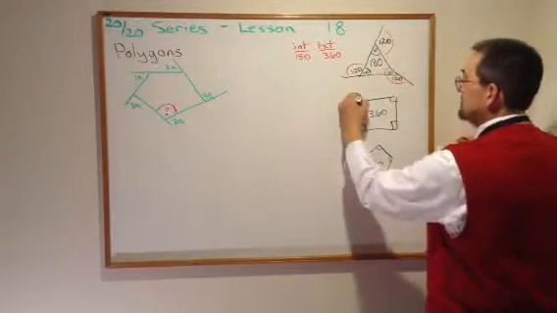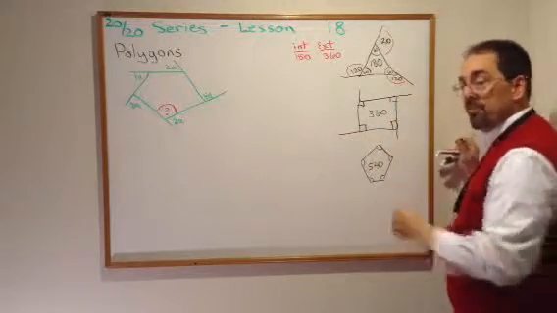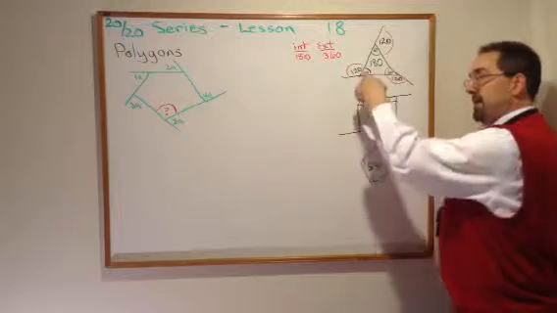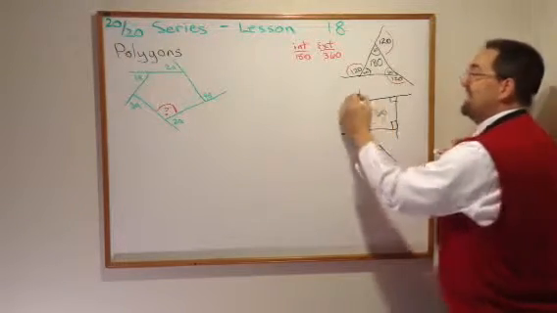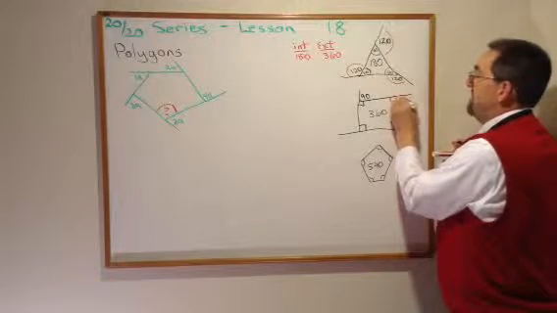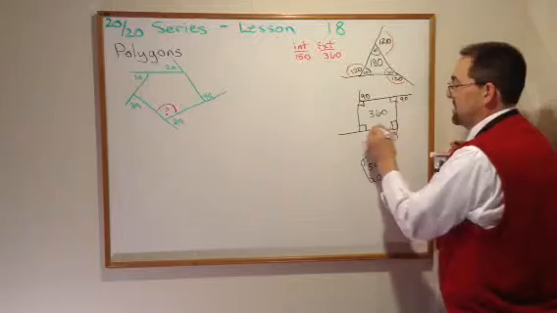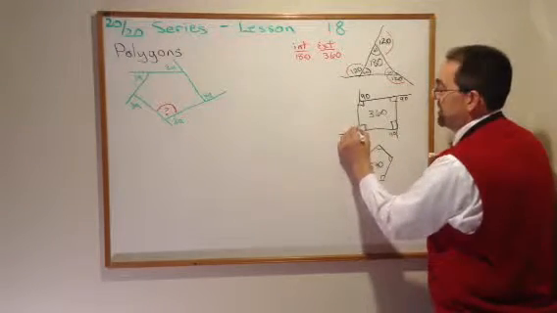In a square, same idea. Find the exterior. If the interior is 90 and we have a straight line of 180, we get a 90. 180 minus the 90, we get a 90. 180 minus the 90, we get a 90. 180 minus the 90, we get a 90.